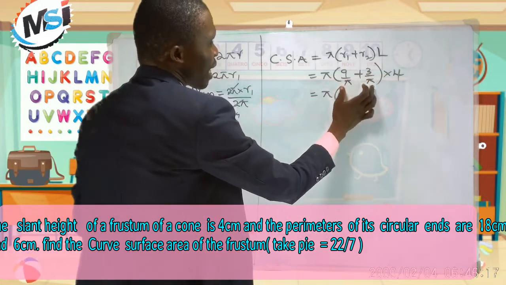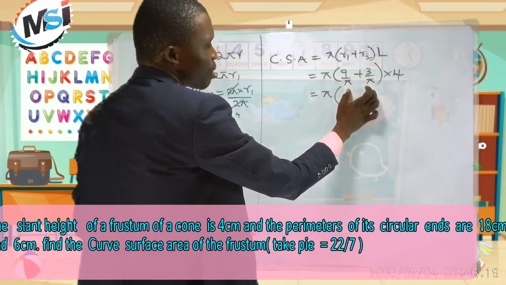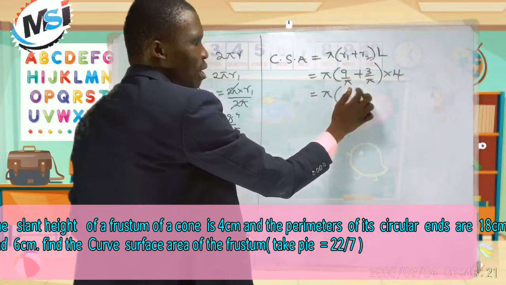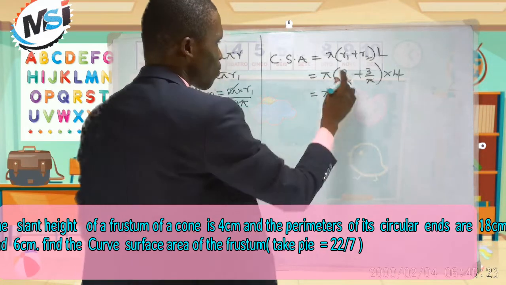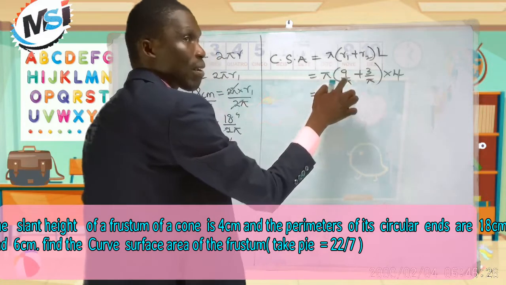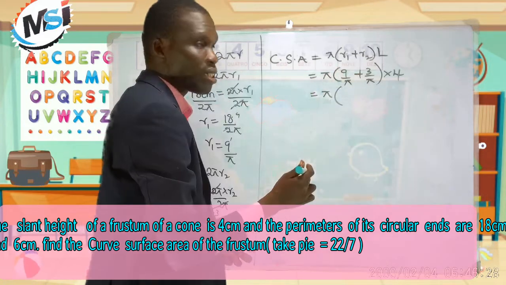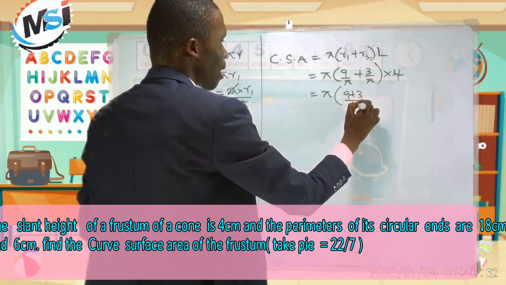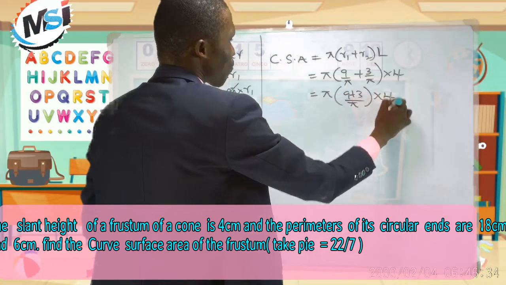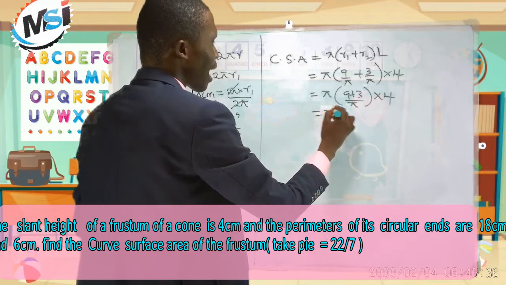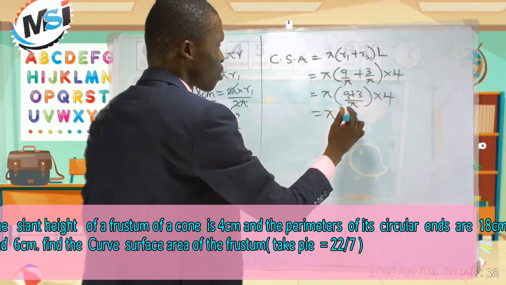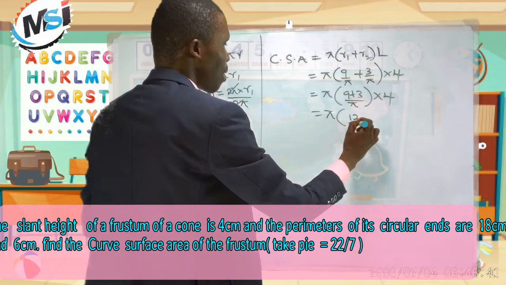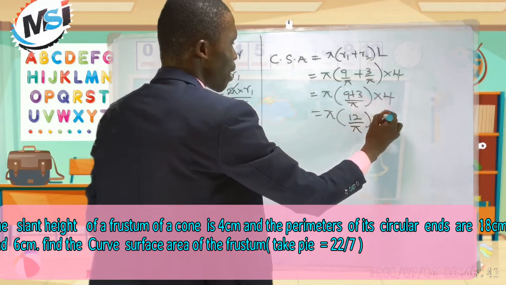So from here we have two denominators which are the same, pi and pi. So we pick one of them and we add what we have up, which is our numerators. So this will give us 9 plus 3 divided by pi, multiplied by 4. So we have pi bracket 12 divided by pi multiplied by 4.